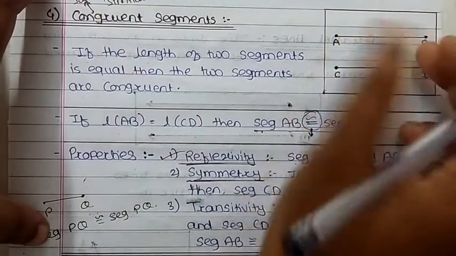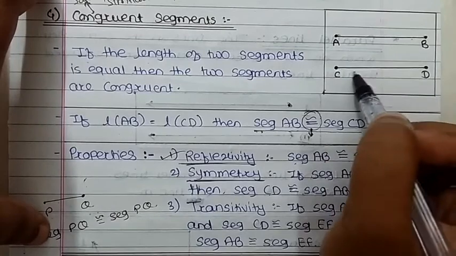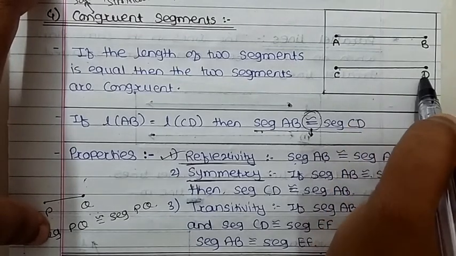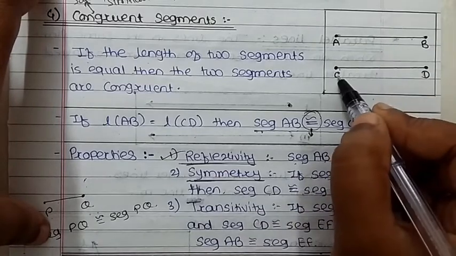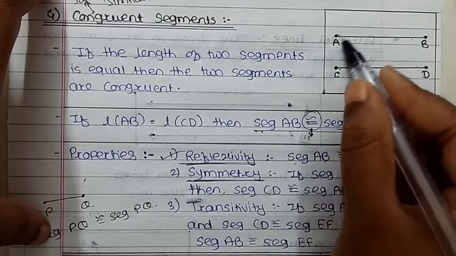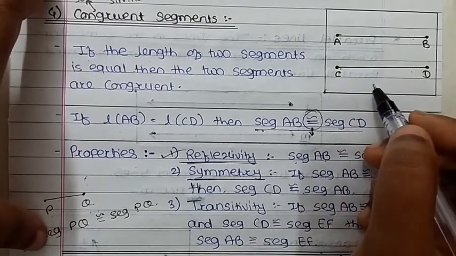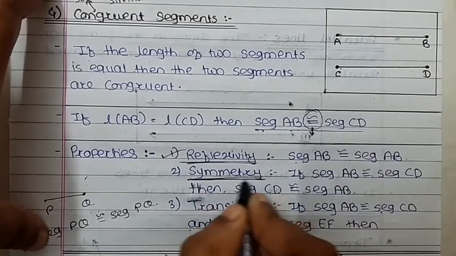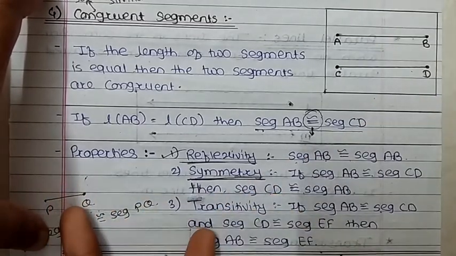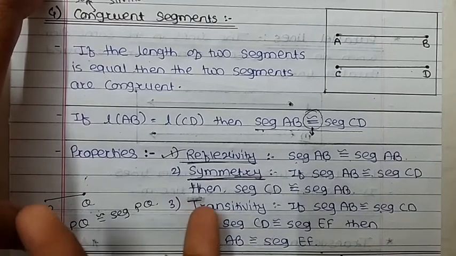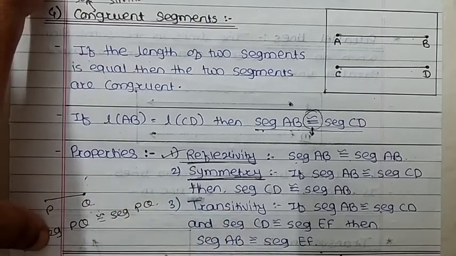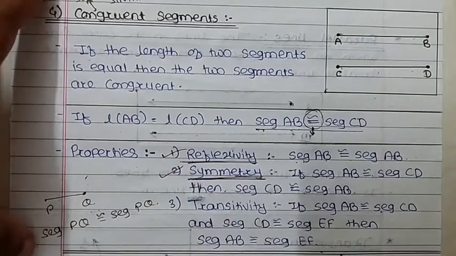If I say this line segment is equal to CD, then we can also say that CD is equal to AB. This is the symmetry. When one quantity is equal to another quantity, then the other quantity is always equal to the first quantity.